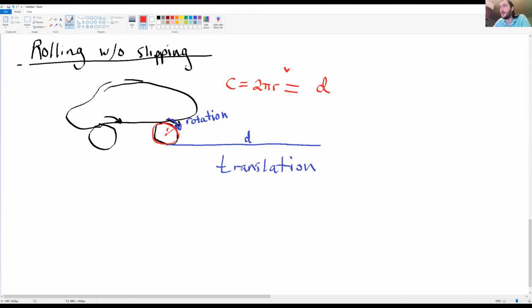So this is without slipping. This is the distance traveled in translation. This is the radius of the tire here.